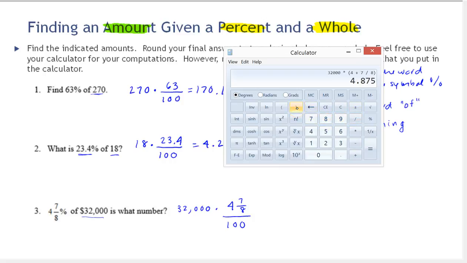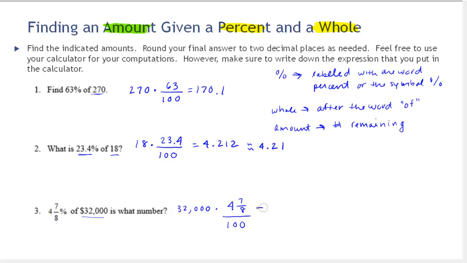Okay. So remember, 4 7/8 means 4 plus 7/8. So if you don't put that in parentheses, then you'll have a calculator error. Now take that, divide by 100 for this 100, and we get 1560. So this equals, and this was dollars in this case, so $1,560.